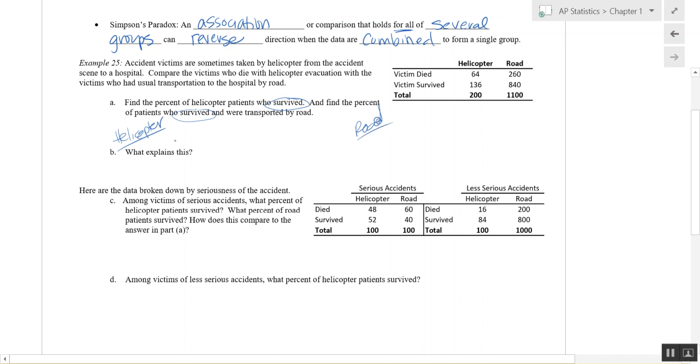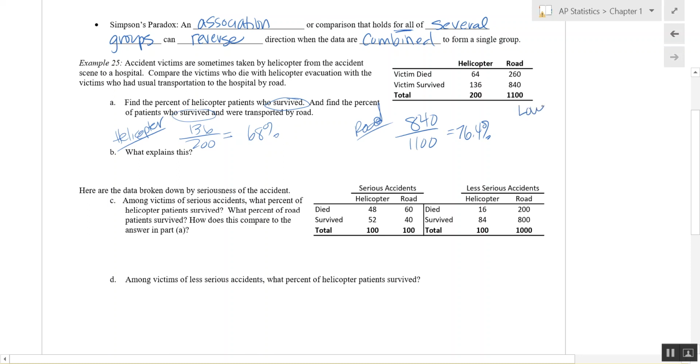Victims who survived in the helicopter, 136 out of 200, so that gives us 68%. The road victims who survived, 840 out of 1,100, so 76.4%. We're going to keep a little tally.